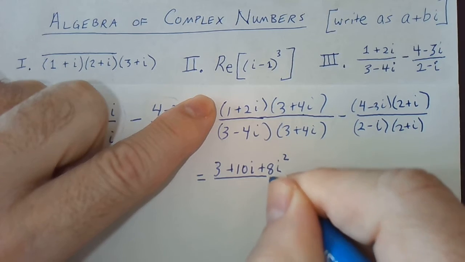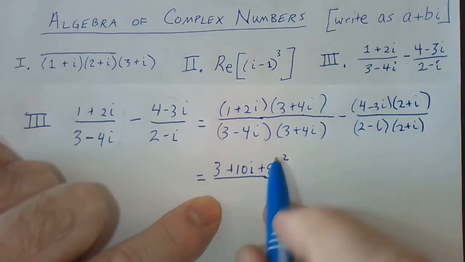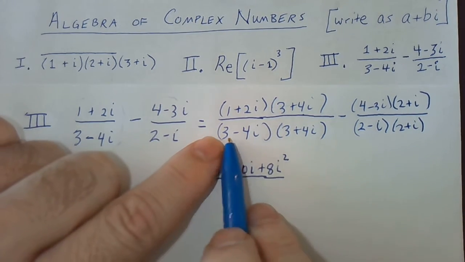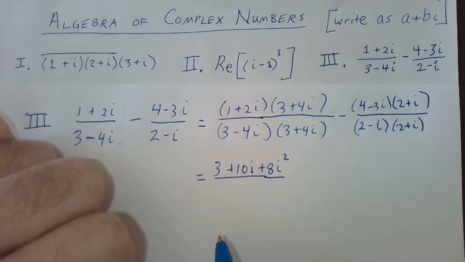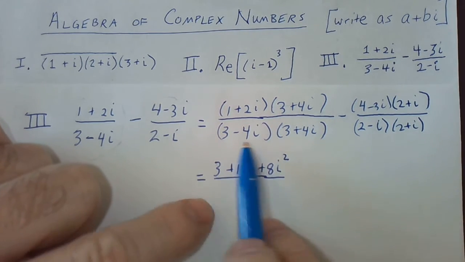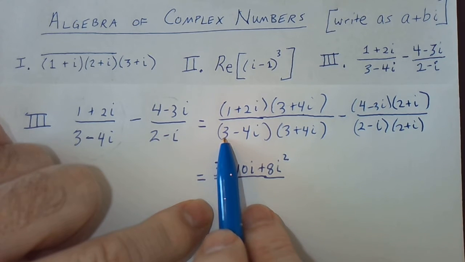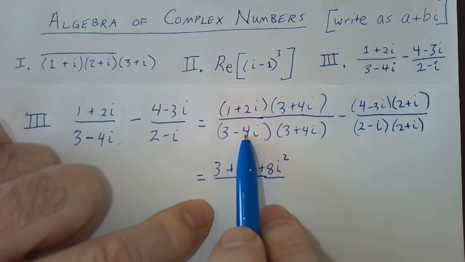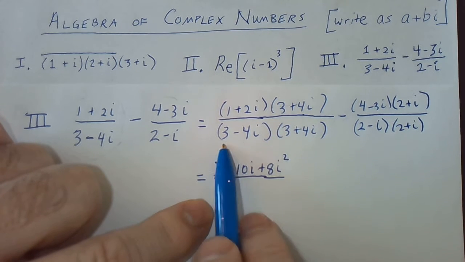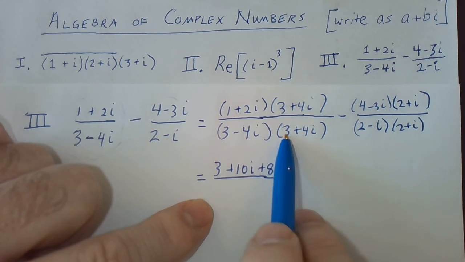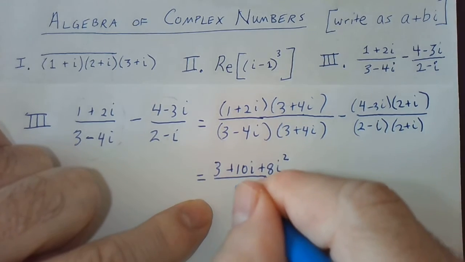Now we know that plus 8i squared is really minus 8, but the bottom is beautiful. We get 3 squared plus 4 squared. That's the beauty of multiplying complex conjugate pairs together. Square the real part, square the imaginary part, because you're squaring it. 3 squared and 4 squared gives you 25.